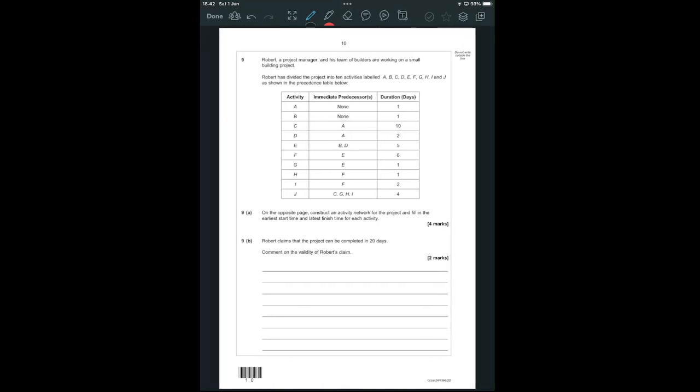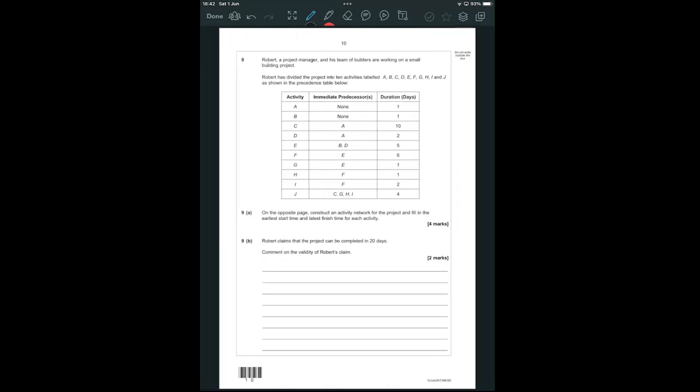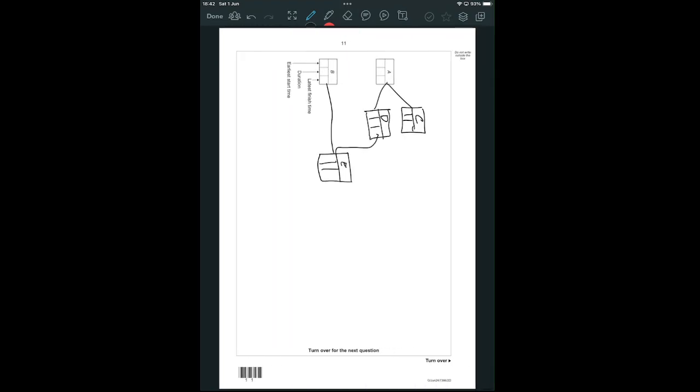E depends on B and D. So let's put E in, B and D. F and G both depend on E. So there's an F and G. I'm not going to be able to write a number in that space.